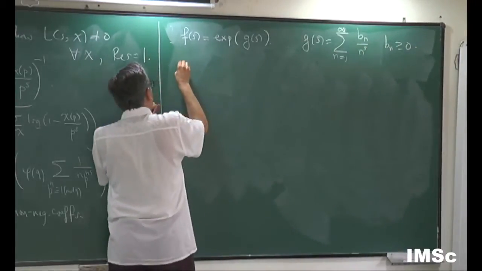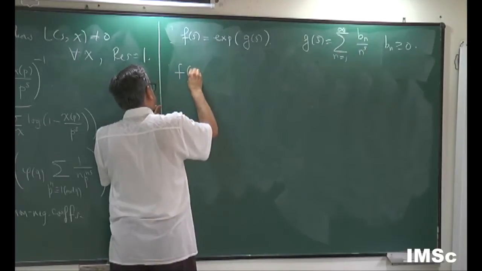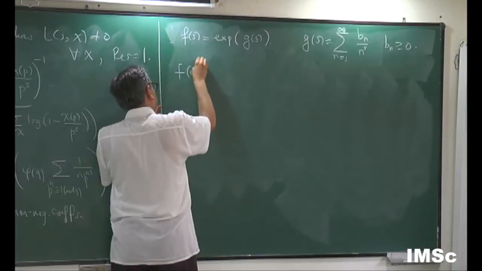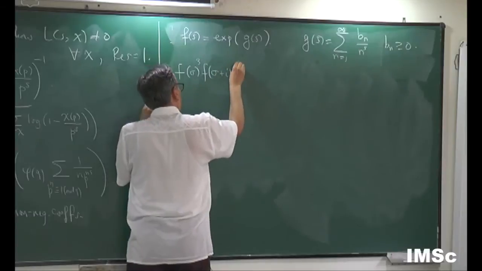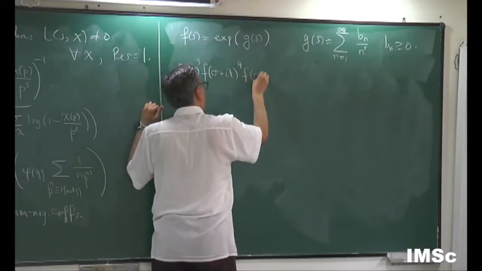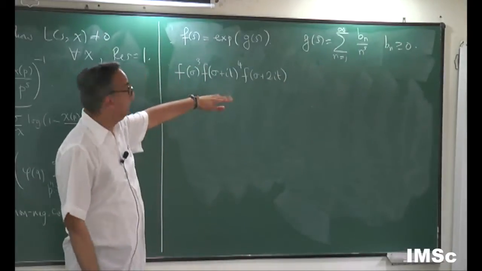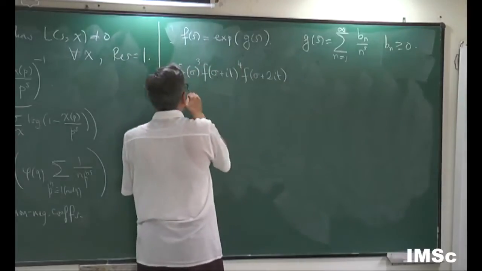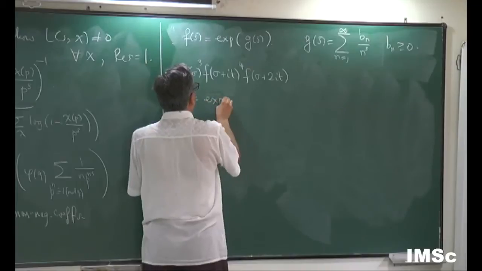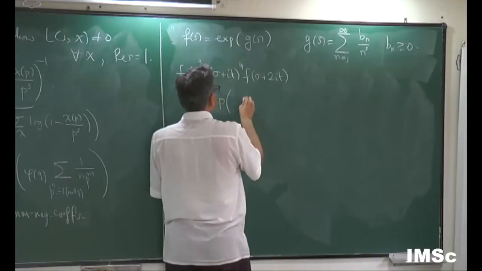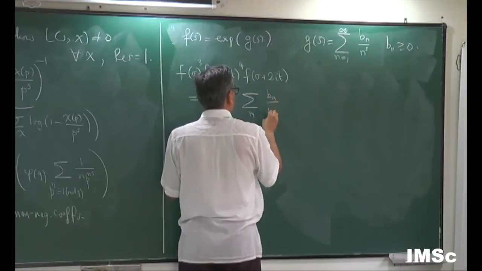Therefore, if I look at this combination, I write this as a summation. I write this as exponential of, well, it'll just be b n over n to the sigma.